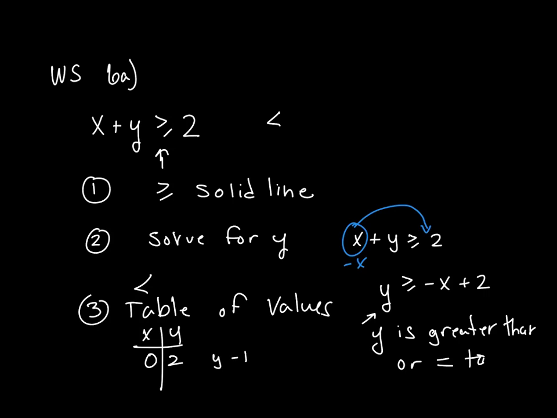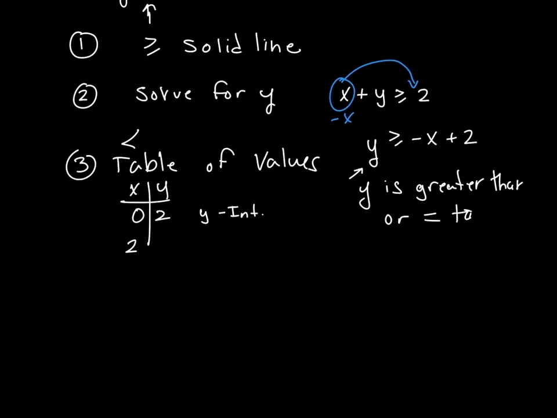That is my y-intercept. And then just pick a point. I like to pick a point a little bit further away, so let's pick 2. I'm just taking that value of 2 and plugging it in. At this point, just pretend it's an equal sign because we're looking for what would happen if it was actually equal.